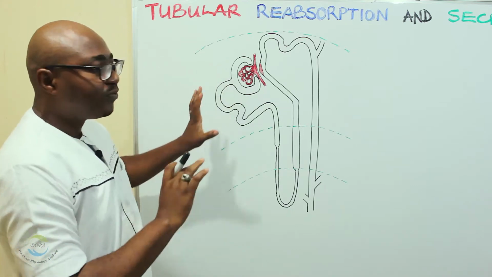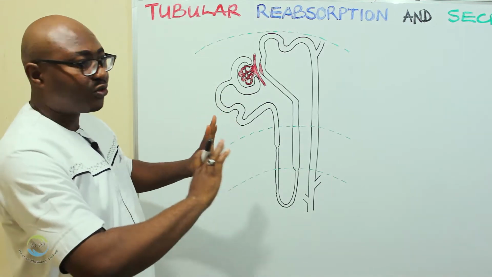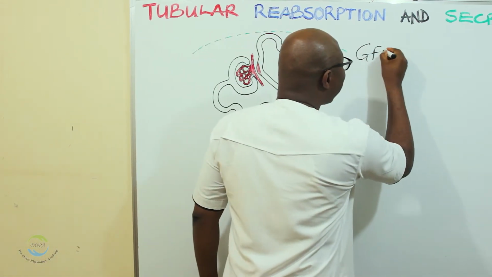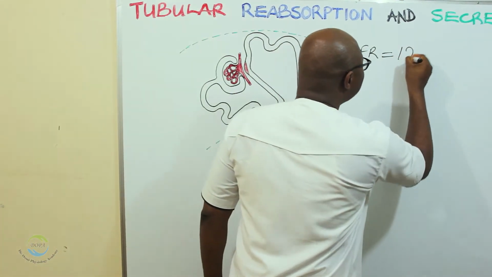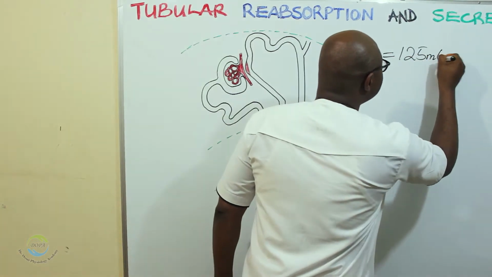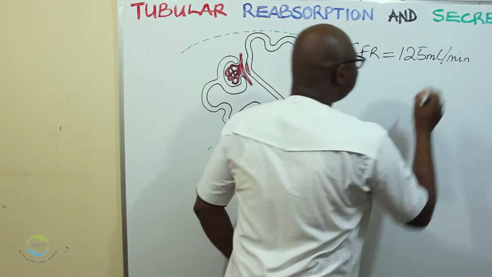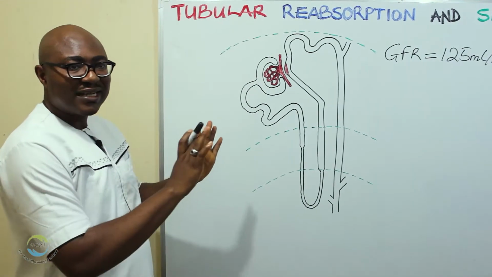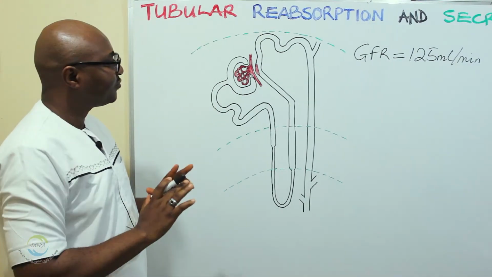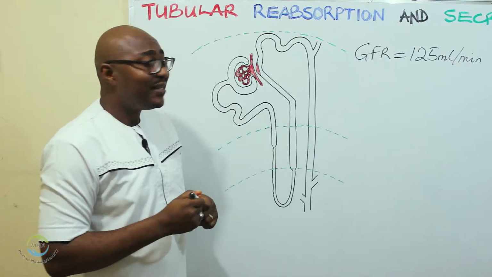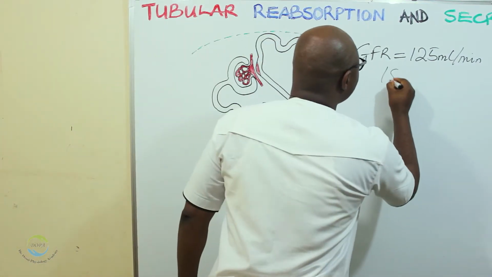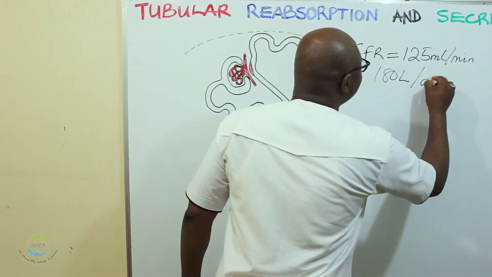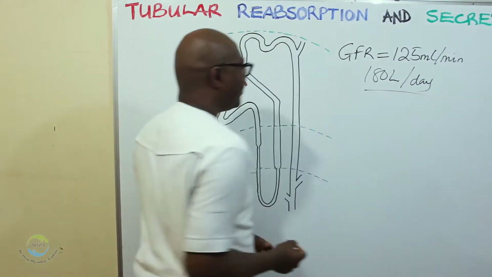So we've finished with glomerular filtration, and we said that glomerular filtration rate, GFR, is equal to 125 mils per minute. What does that imply? It means that in one day, you get 180 liters of filtrate per day.